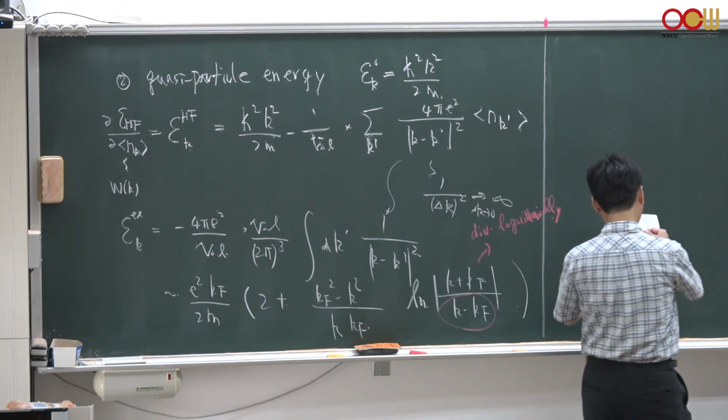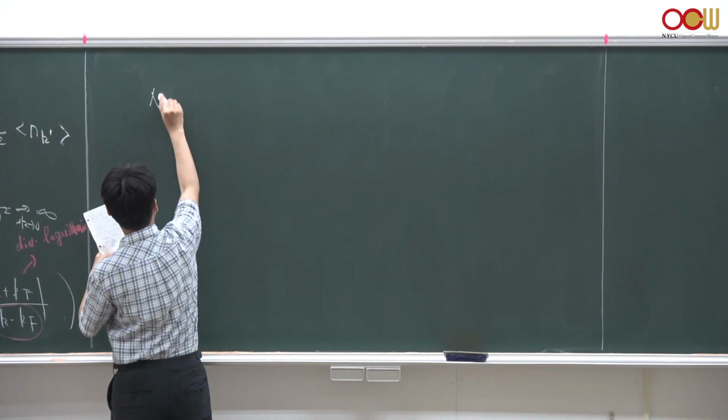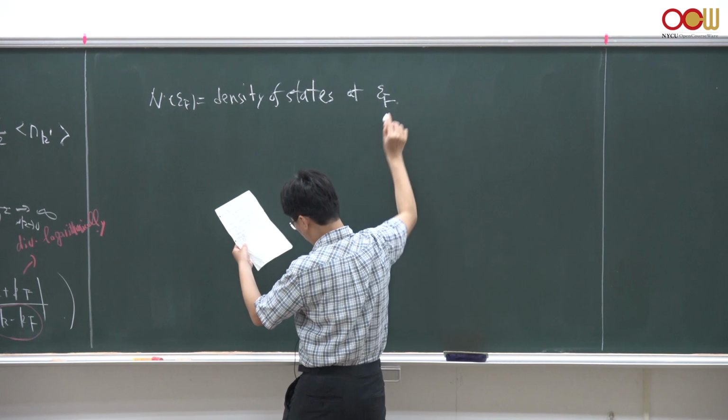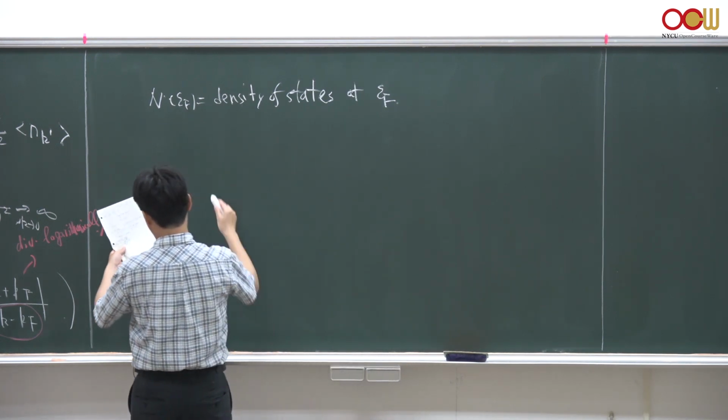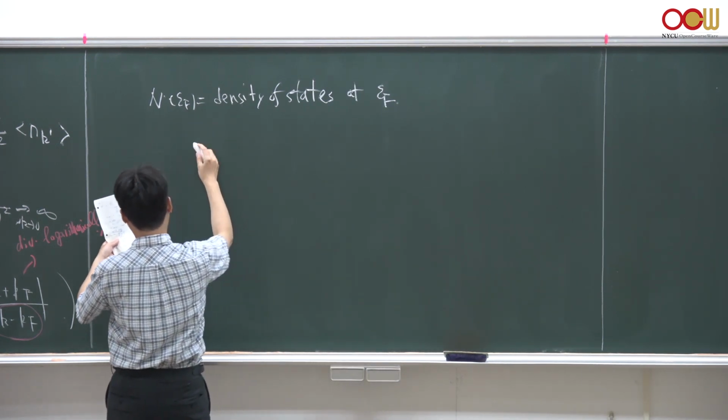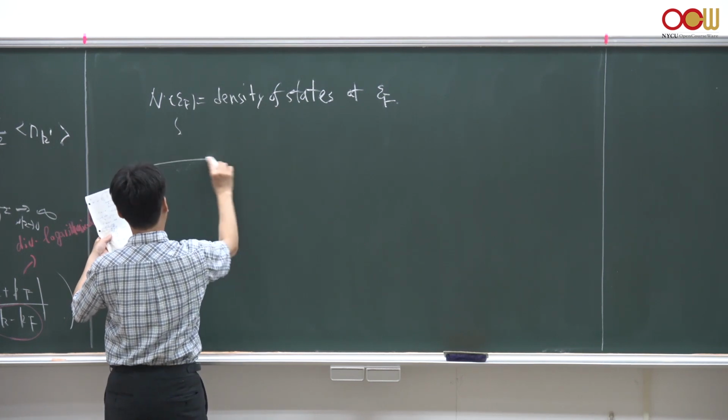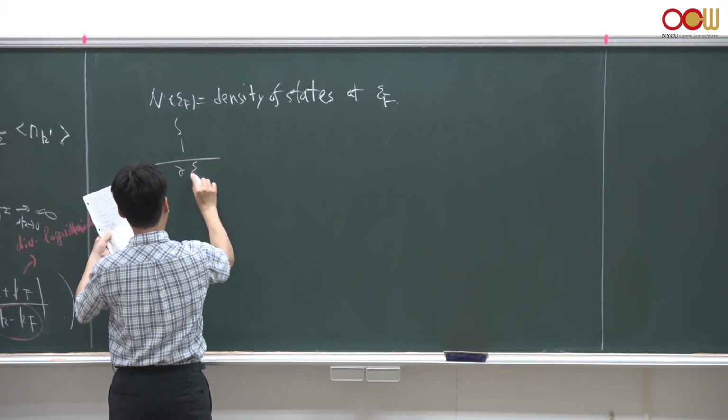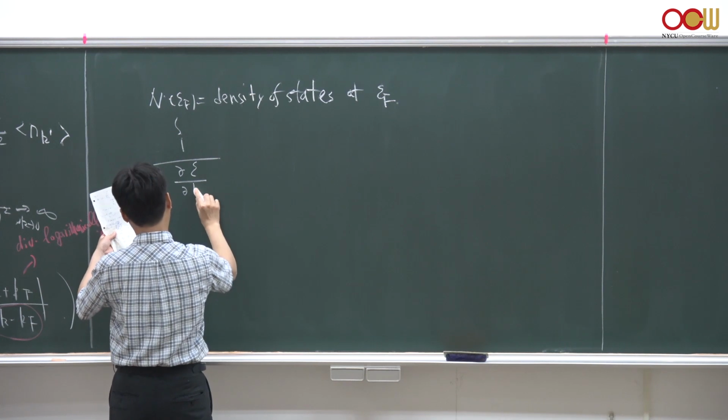So suppose we calculate the density of states at the Fermi level for such Hartree-Fock electrons. The density of states is inversely proportional to the slope of your dispersion.